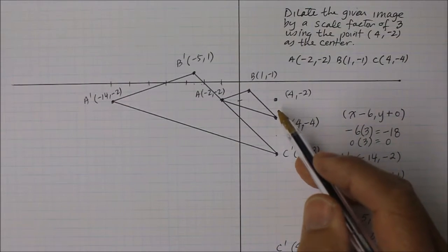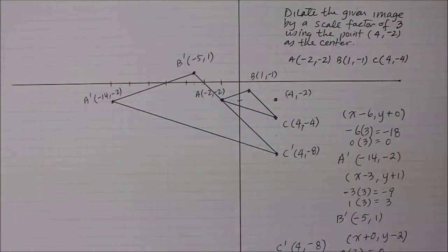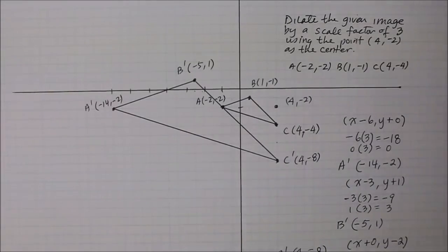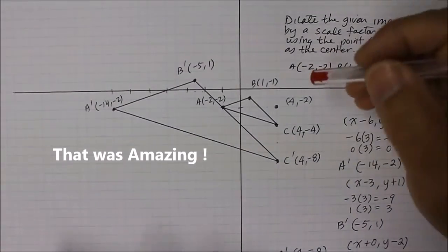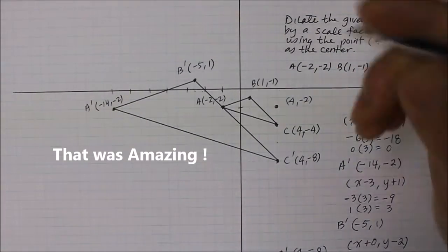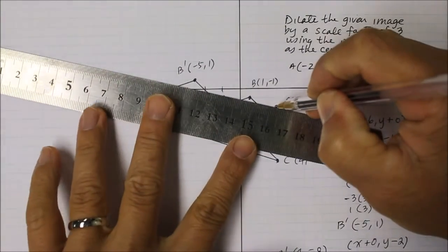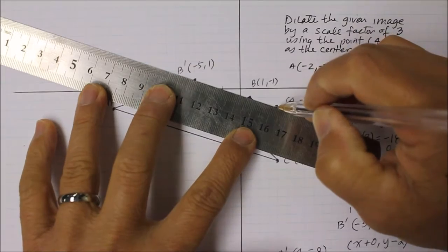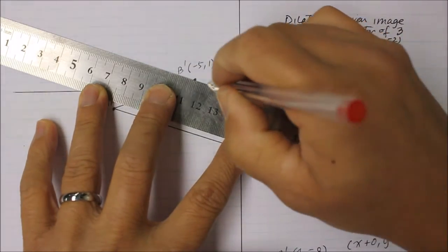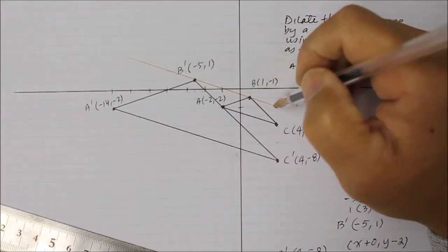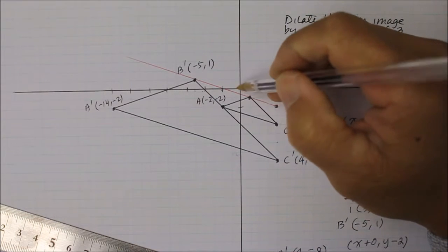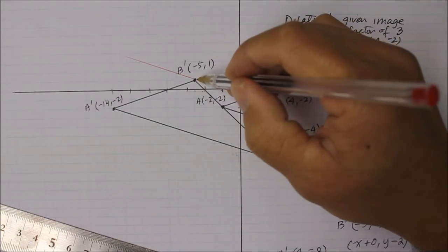Now here's the amazing thing. Check this out. Here's the center, and if I were to increase or dilate it along the line, from here to there is 1, 2, 3 units.